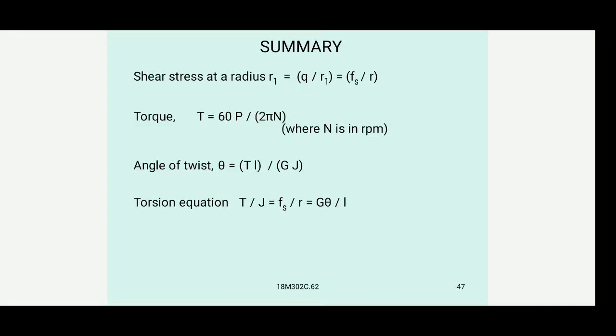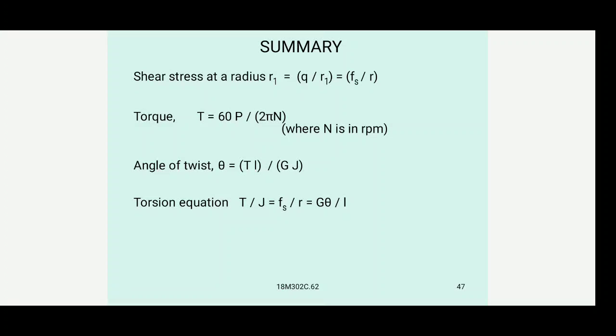Summary: already we studied the problems on torsion of shaft. Shear stress at radius R1 is Q by R1 is equal to Fs by R. Torque T is equal to 60P by 2 pi n, where n is in RPM.